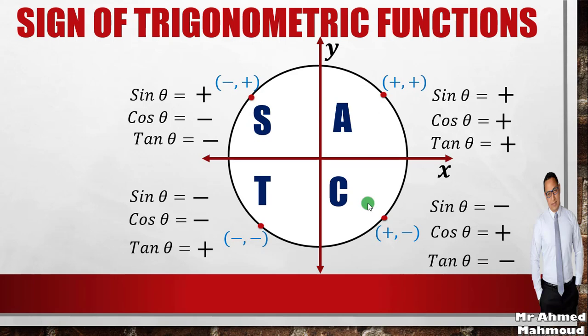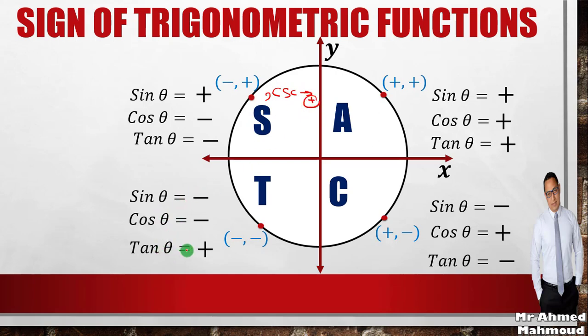Now remember with me, in this quadrant, sine, cosine and tan and their reciprocals, cosec, sec and cotan, are all positive. Here, sine is positive and cosec is positive.